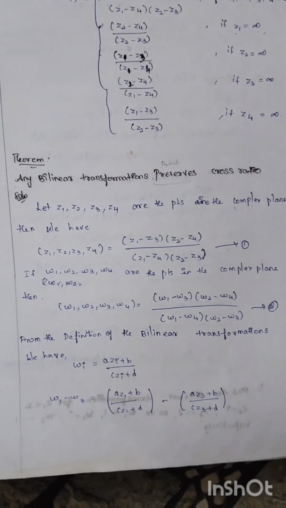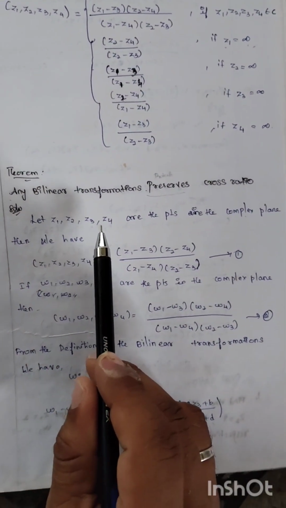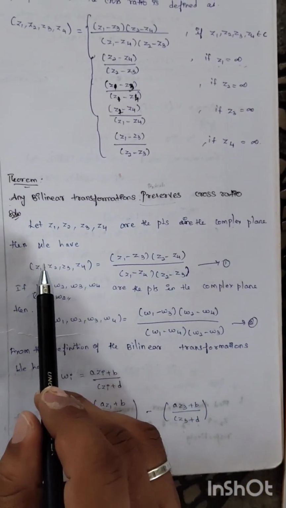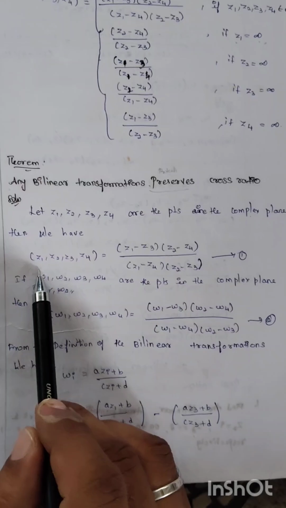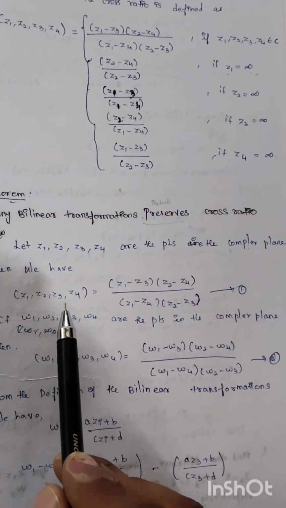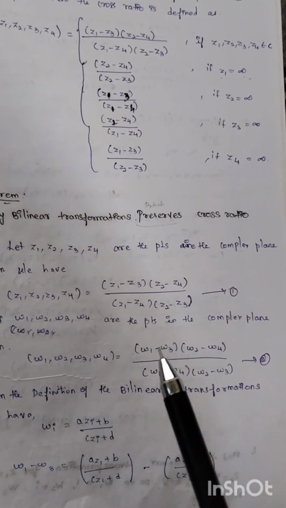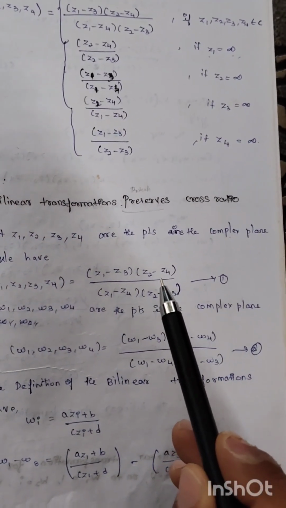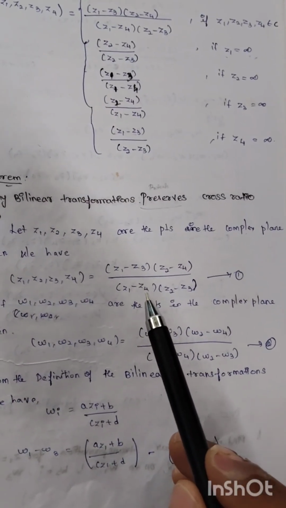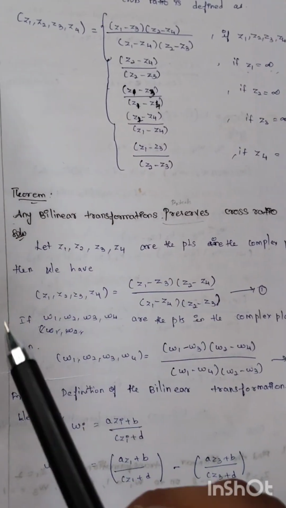So the proof: let z1, z2, z3, z4 be points in the complex plane. By the definition of cross ratio, we write (z1, z2, z3, z4) is equal to (z1 minus z3) (z2 minus z4) divided by (z1 minus z4) (z2 minus z3). It is easy to remember, right?